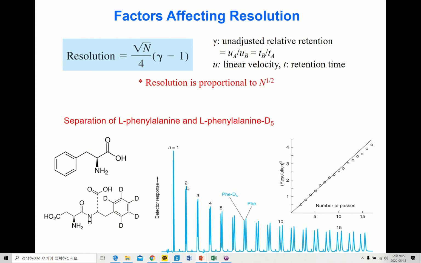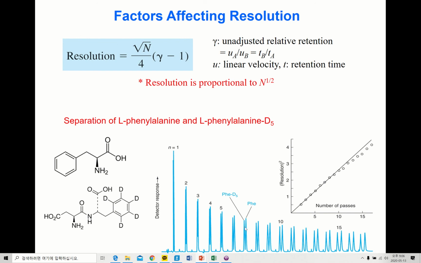This is the second run, and the response becomes smaller, but the peak width becomes a little bit fatter, because there are constant amounts of these two species. For the second run, separation is still not good, and then you run a third time, and it becomes better and better.